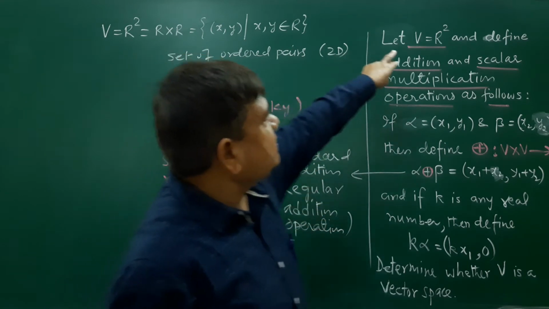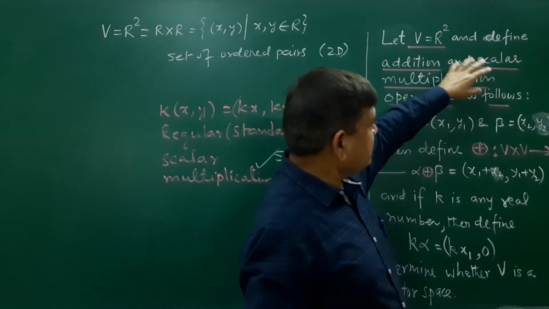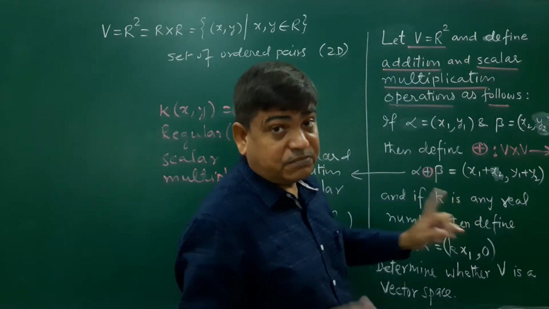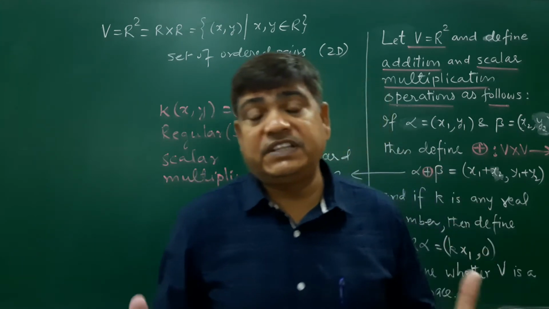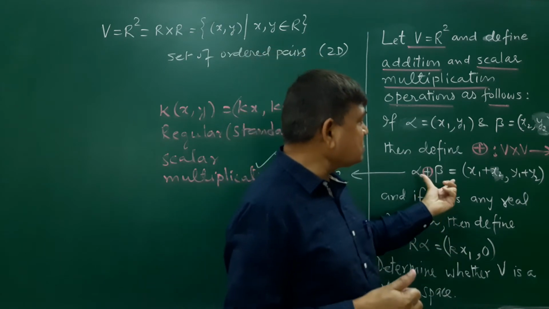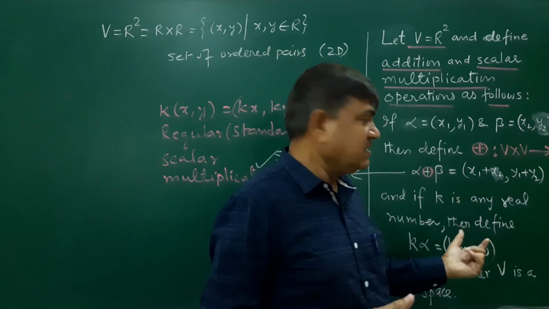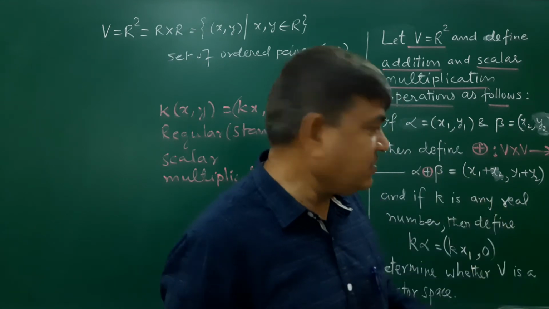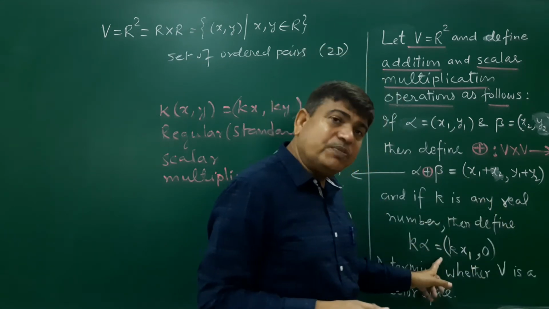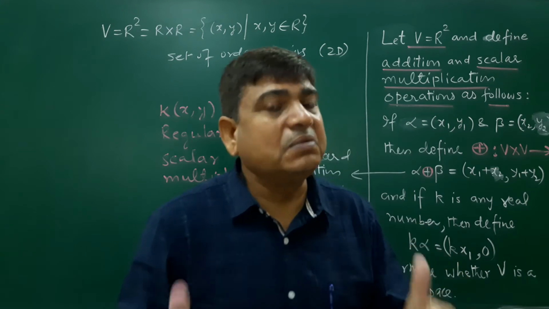So, here V equals R square. These two operations are defined. It must be clear what is the rule of that particular operation. So, it is the regular addition or the standard addition. But the second operation is not regular.